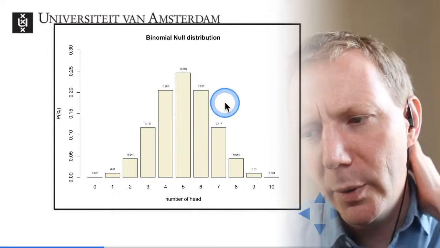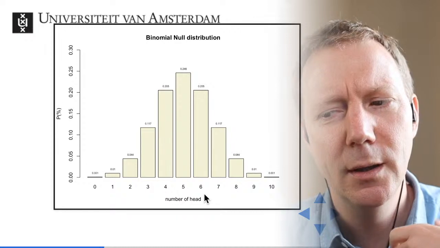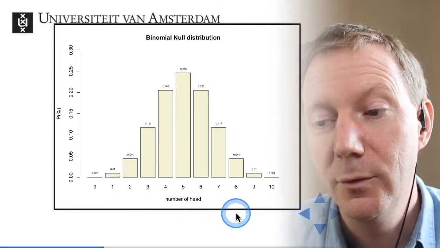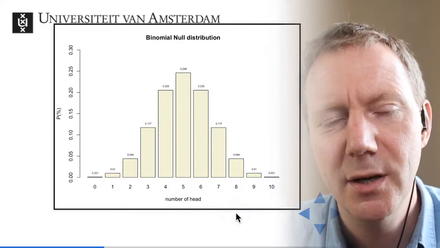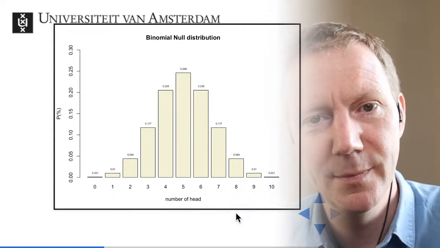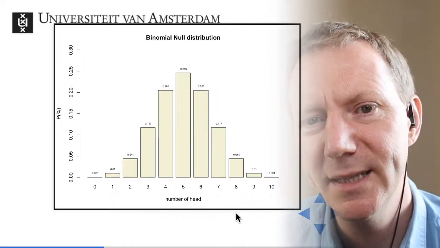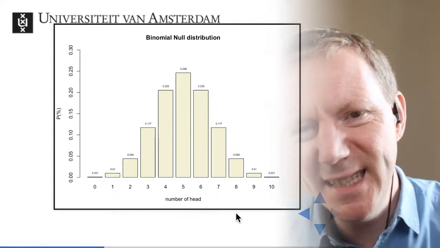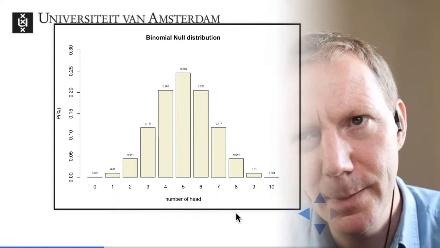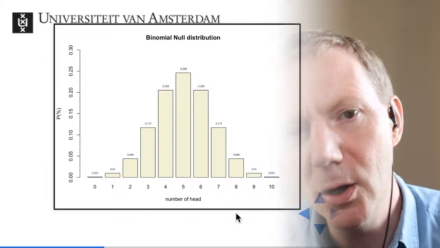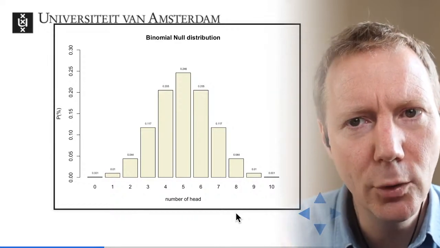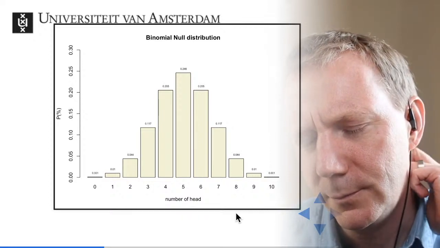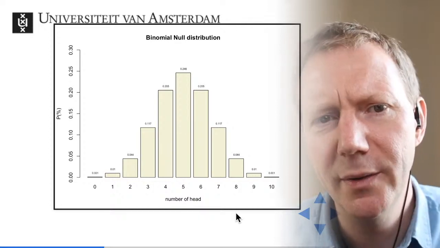You don't. But if you create a test statistic, for example, what we do here, the amount of heads, and we create a sampling distribution, then this sampling distribution is always normally distributed. I'll touch upon that later in the course.